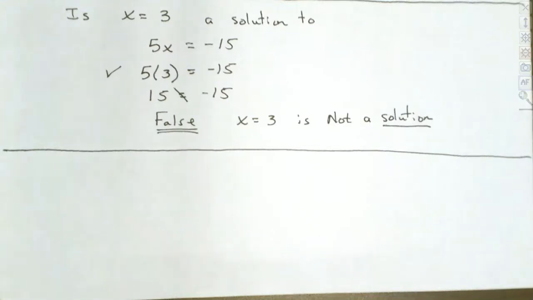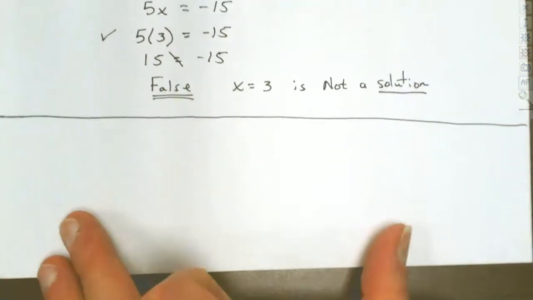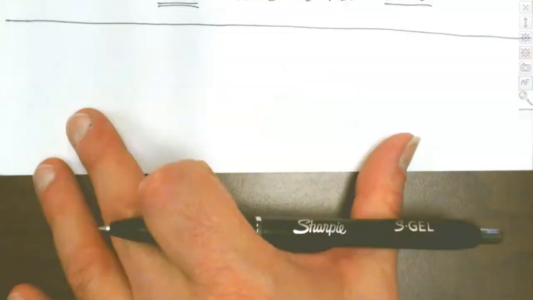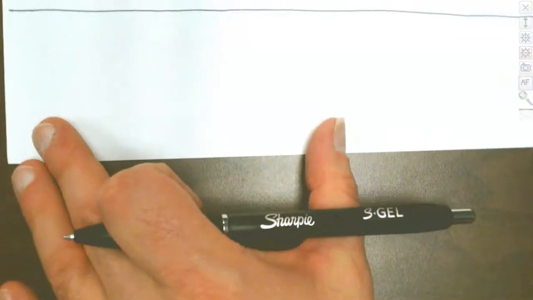Now we're going to start solving some more equations. And most of these are going to be conditional. We're going to focus first on a few equations that have fractions in them. So I'm going to pick a couple of problems from our textbook to look at here.